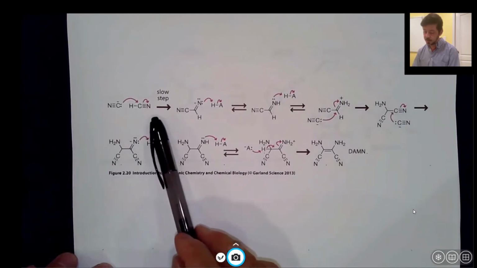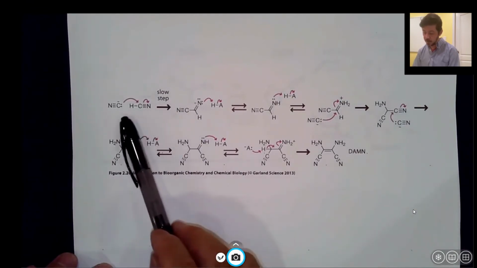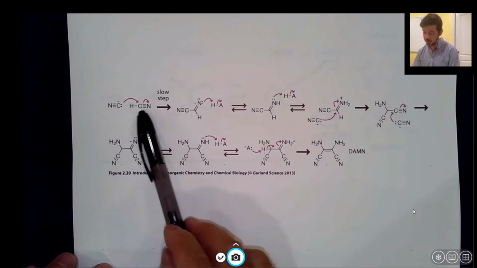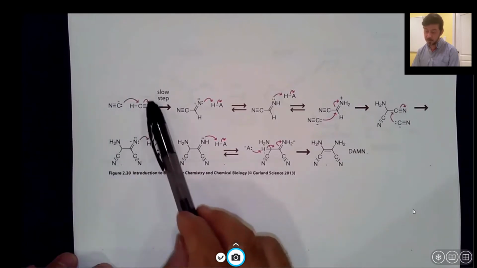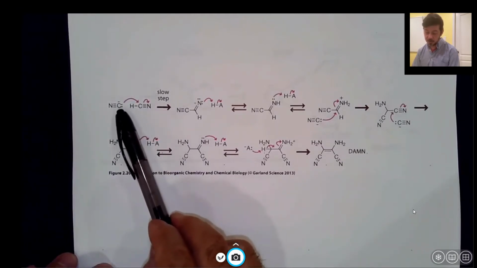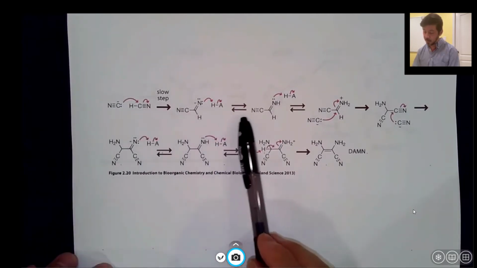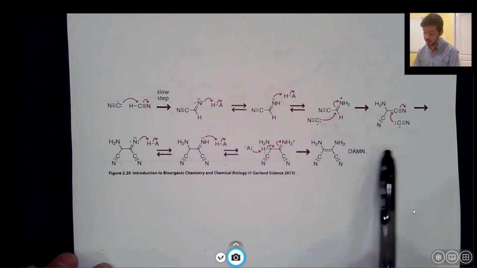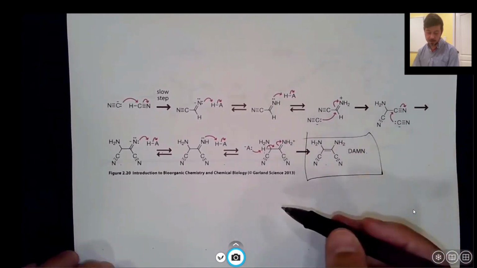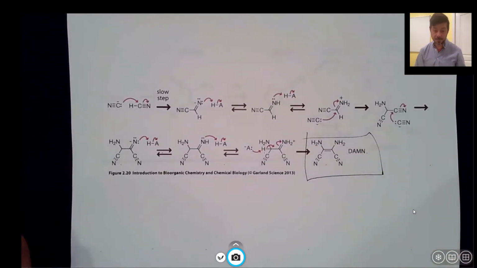You can see it's comprised of the acid-base step, which was actually skipped at the beginning. Here they're just showing the cyanide attacking, so I actually prefer the way I did it. But as you can see, they get to that same target molecule called DAM.